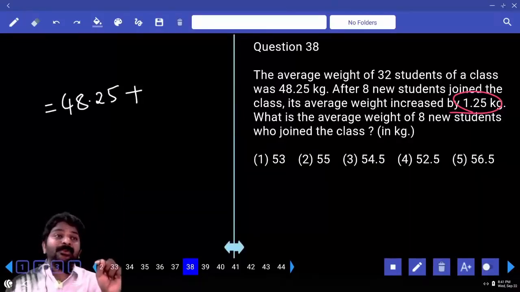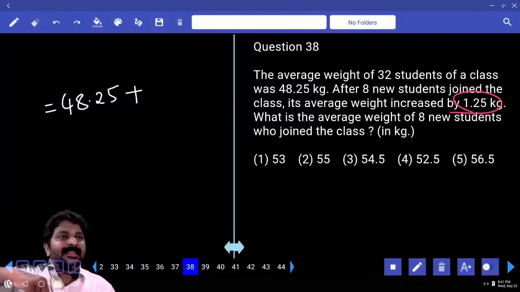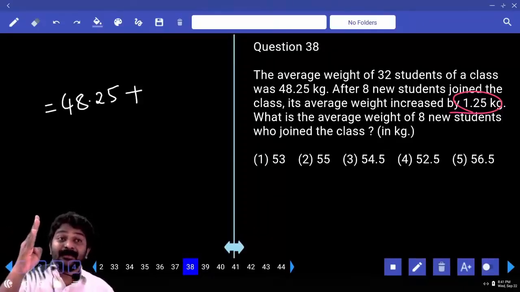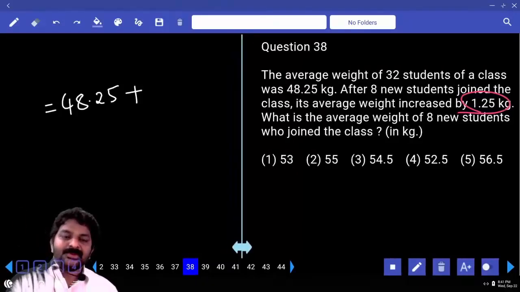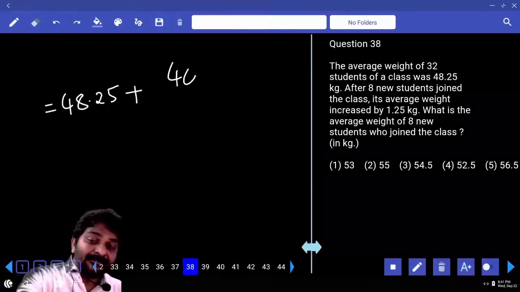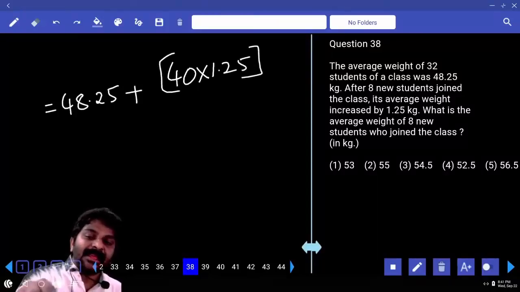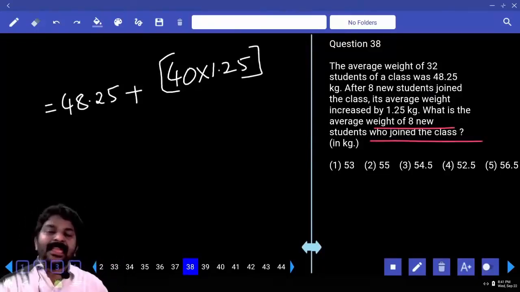This 1.25 is the change in average for the total group, right? Total group in the sense, already how many people are there? 32. How many new joined? Then how many are there? For these 40 people, the average increased by 1.25 only. So the extra weight that we have is 40 into 1.25. Am I right? Now can we directly add a number to the average? No, we were asked to calculate the average of the 8 new students.